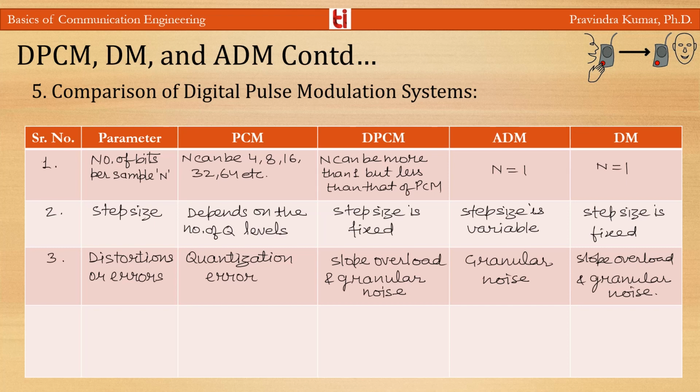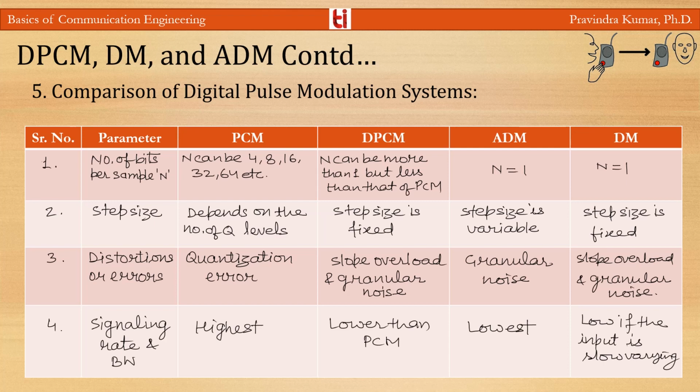And if we talk about the distortion or error, in PCM quantization error is there, in DPCM slope overload and granular noise will be there, in ADM the granular noise, and in DM the slope overload and granular noise occur. And if we talk about the signaling rate and bandwidth, in PCM the bandwidth is high, in DPCM the bandwidth is lower than PCM, in ADM there is the lowest bandwidth, and in DM it is low if the input is slowly varying.